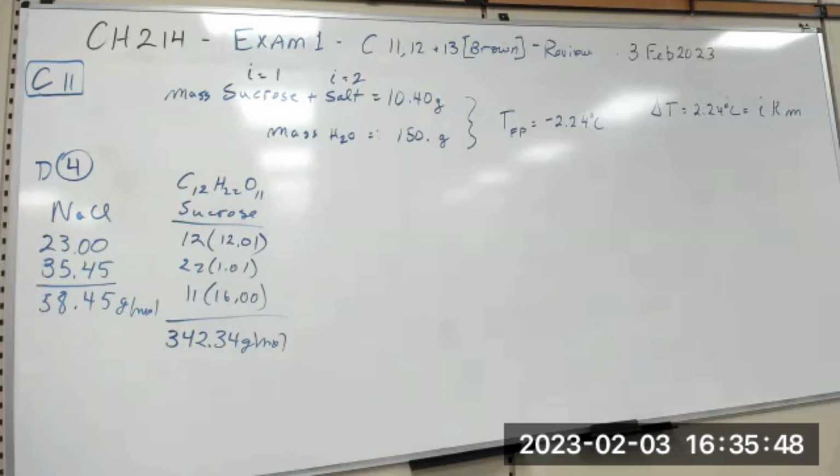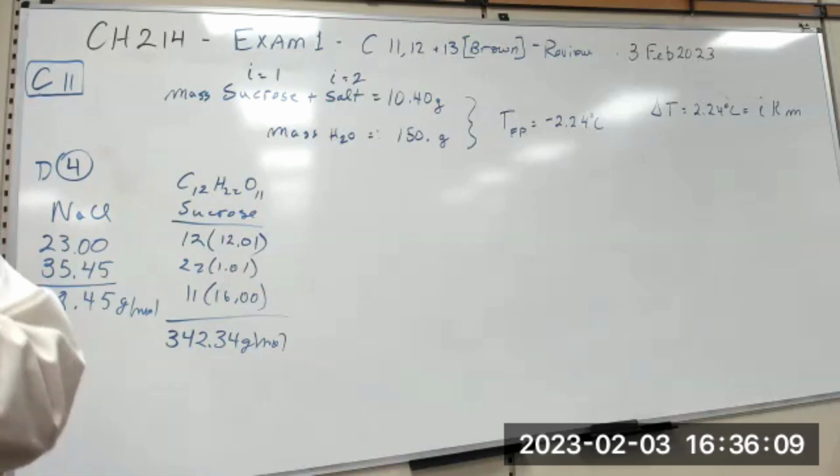All right. Now comes the tricky part. The change in temperature is additive. In other words, there's a change in temperature due to the sucrose, there's a change in temperature due to the sodium chloride, and the effect that each one has is additive.